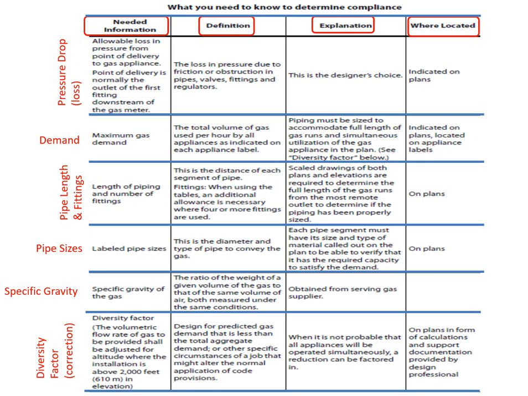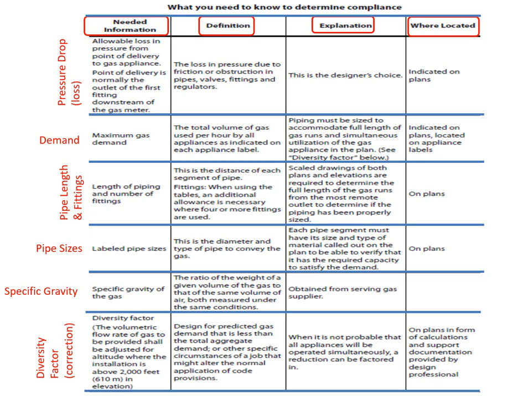This gives us the diameter of the piping segments throughout the whole system so that the installer may install the correct pipe size along with the number of fittings conveyed by the designer. That is the definition. This is the diameter, of course, and also the type of pipe to convey the gas.